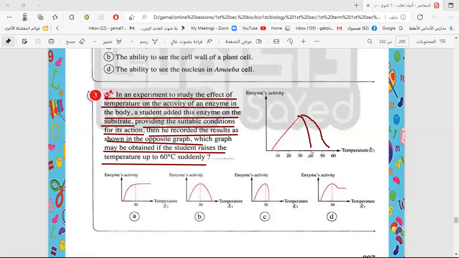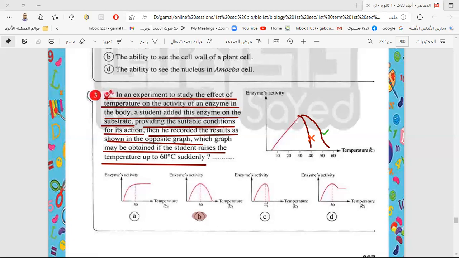No. Is it like the first one or the second one? The first one is wrong. The one which is correct is this one. B is correct. Yeah, Nama, you are excellent. Thank you, Nama. B is correct because the activity of the enzyme decreases until it completely stops.